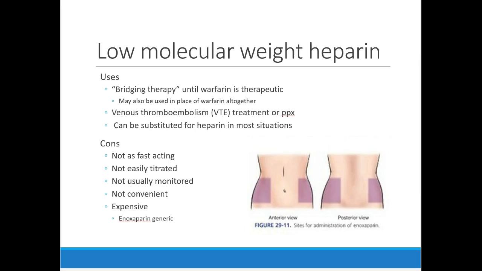With heparin, we do. With heparin, we can check and say, yeah, they're too high, or yeah, they're too low. With this drug, our hospital actually has an in-house test we do to check for it, but I personally don't know if it's 100% validated within the literature. So take it for what it's worth. It's more convenient for patients for sure, but it's expensive, and you can't monitor it, and you can't titrate it.